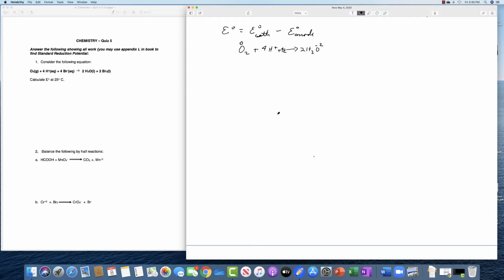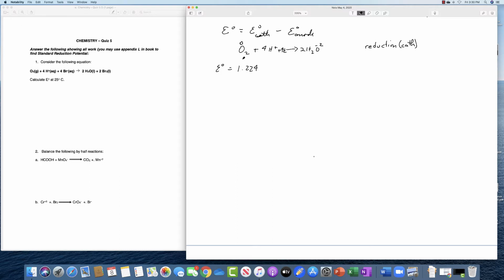And if you gain electrons, that's reduction. And reduction occurs at the cathode. So if you look up the E0 for that, you get 1.224.